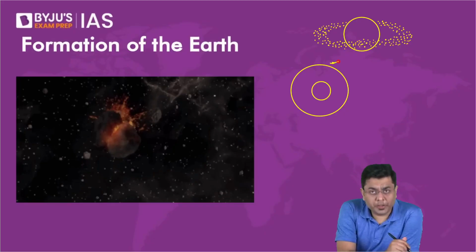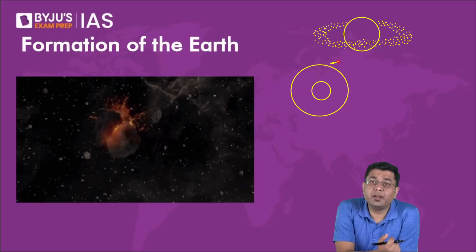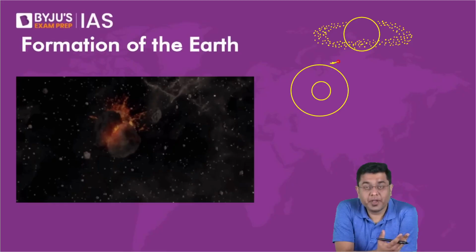Obviously, by this point of time, the lighter materials, which were the lighter materials? Silicates, alumina, right? But by silica, we don't mean silicon. Silica is an oxide of silicon. Okay, so silicates, alumina, all of these started coming to the top and started solidifying.